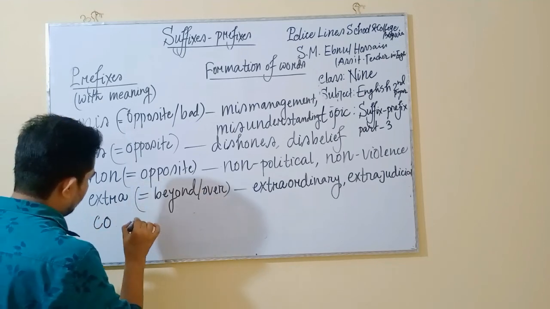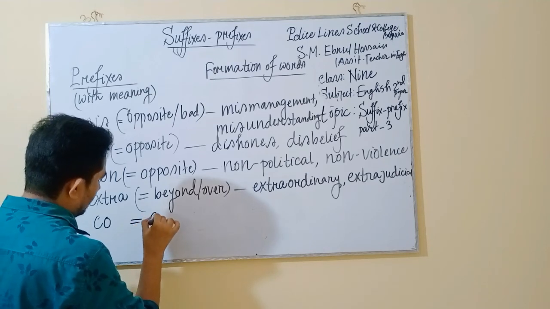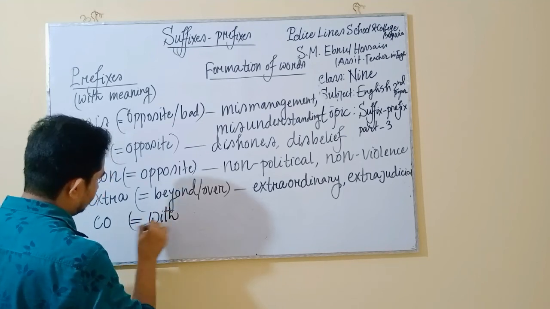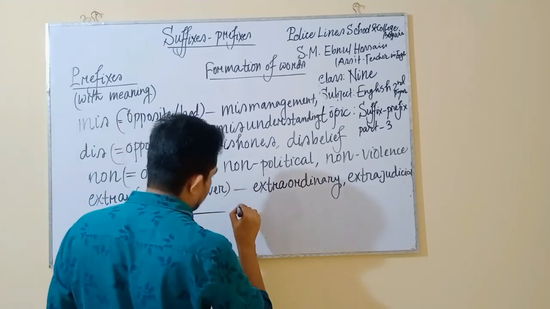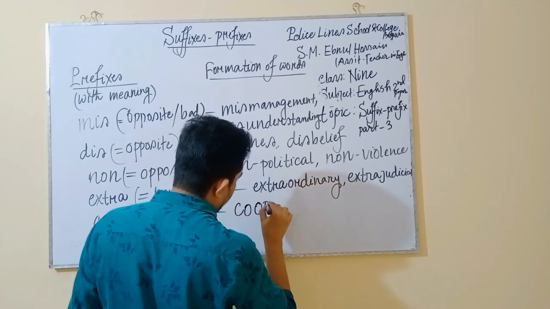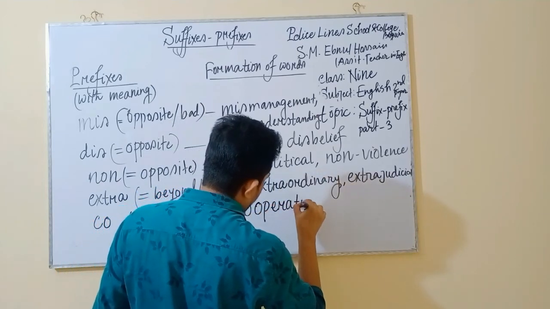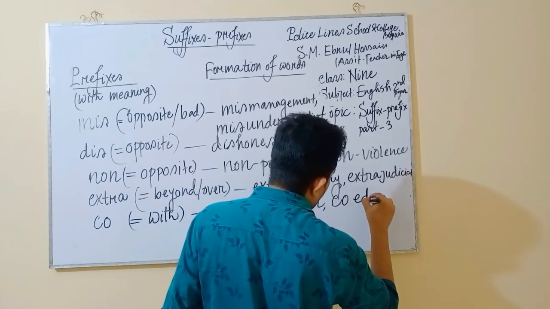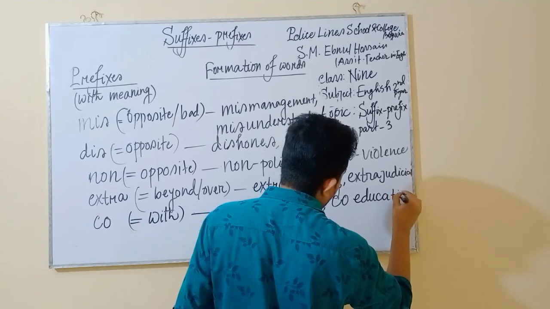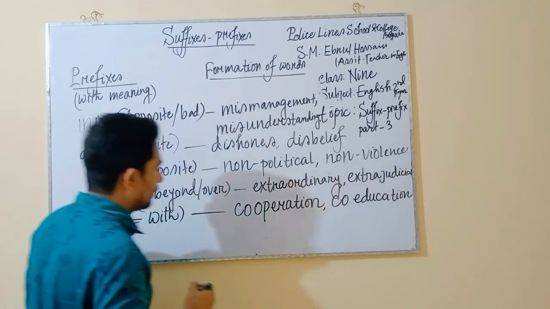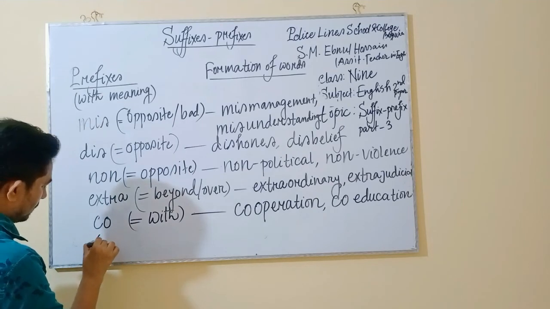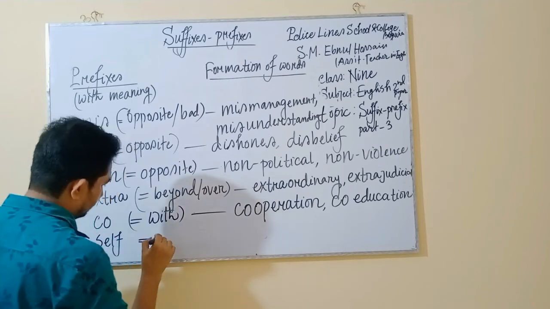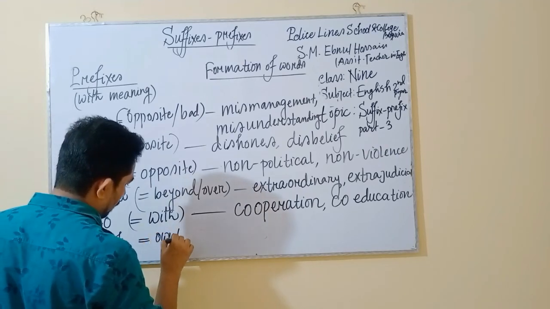CO. This prefix gives the meaning with. That means cooperation, co-education. Then another prefix, SELF, gives the meaning of own or self.